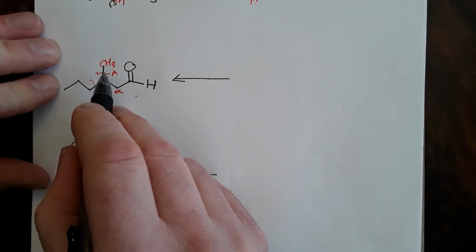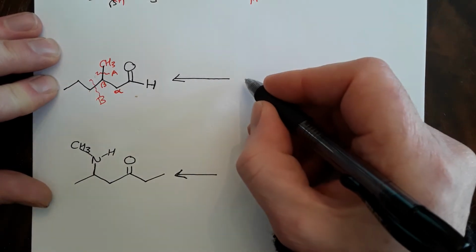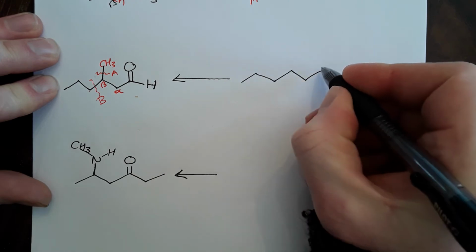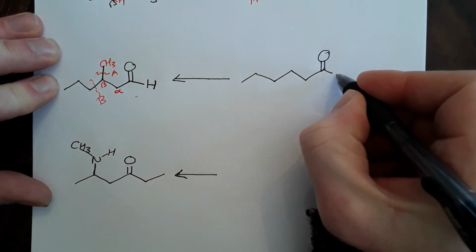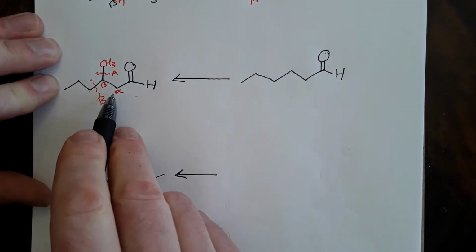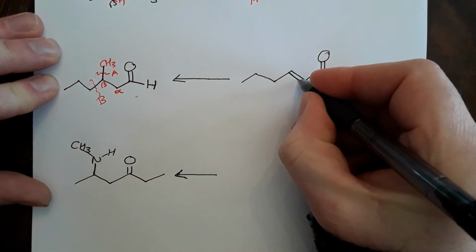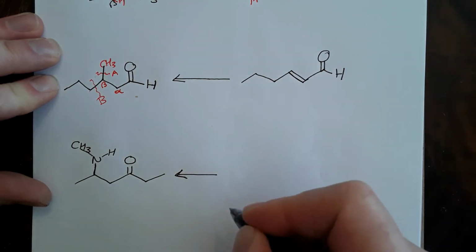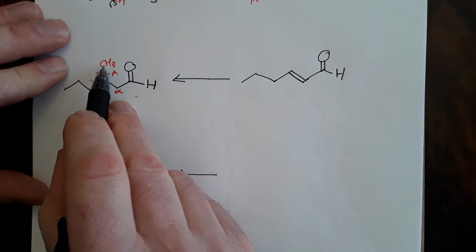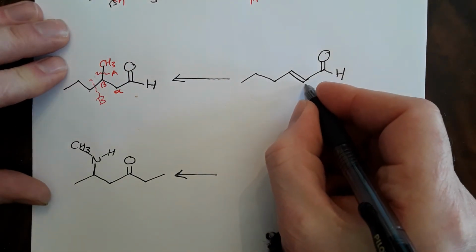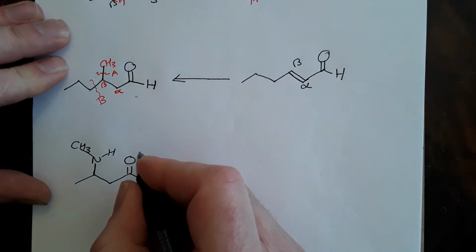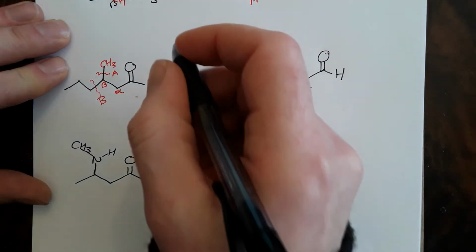So I'm going to do pathway A, which means that originally I had this aldehyde that had a double bond between the alpha and the beta carbon there, and then the new thing I'm adding here is the methyl group, and if I'm wanting to add something to the beta carbon, then it has to be a cuprate if I'm adding a carbon there.